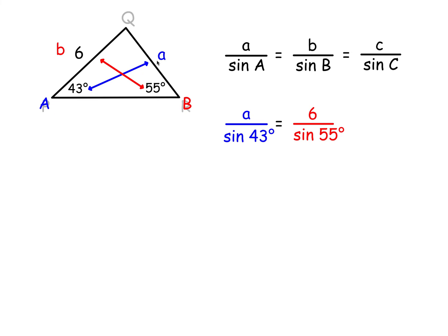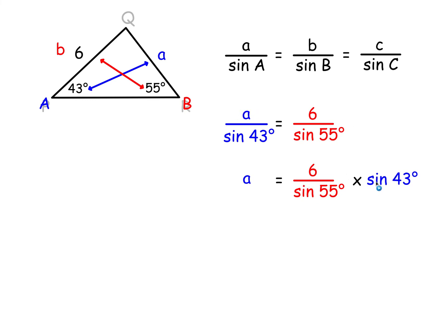There's the a and the sine 43 in blue, and I put the a to be the unknown, so it's in the top left of an equation because that's easier to solve. Multiply both sides by sine 43 and they will cancel off on the left, or if you like, division on the left by sine 43 becomes multiply by sine 43 on the right. So the equation is easier to solve when you put the letter in the top left.